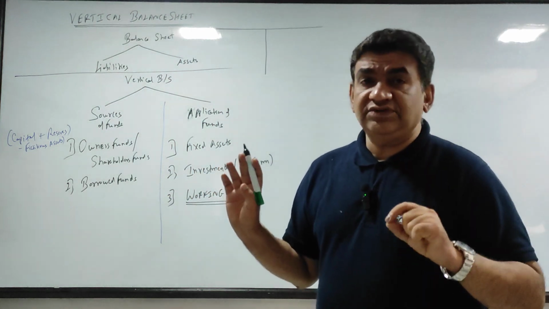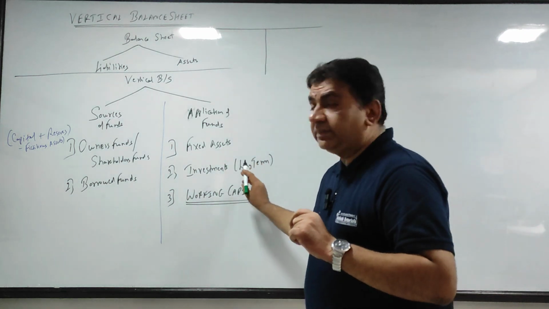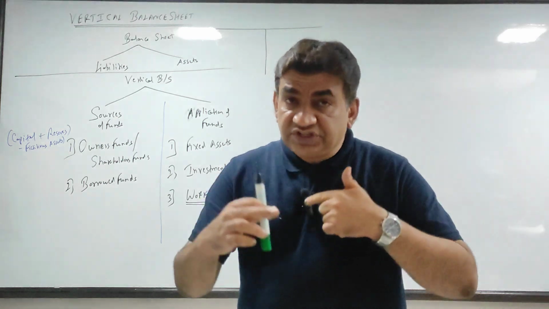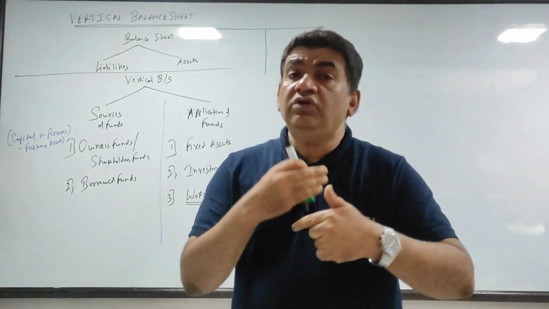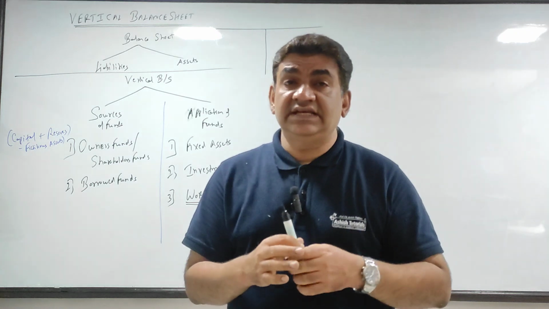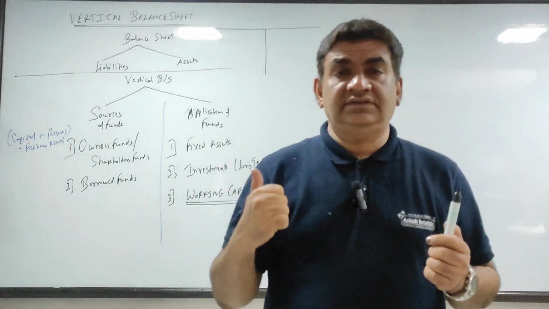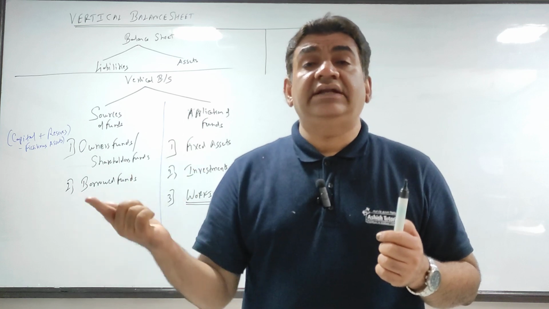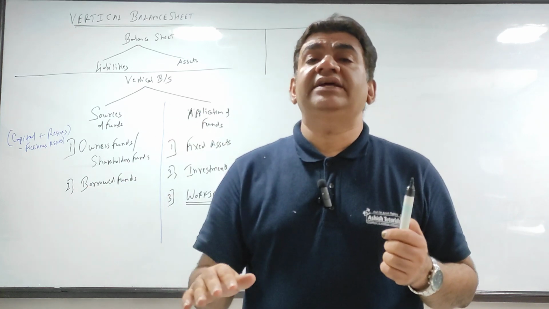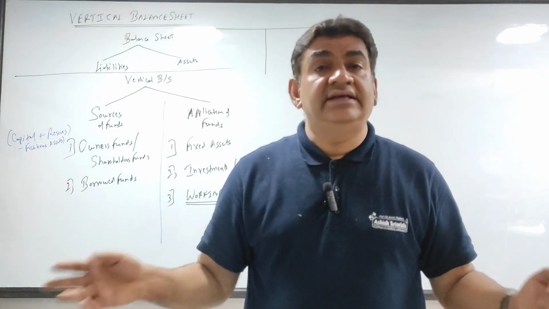You all have done current assets, current liability in FYJC. Current assets are those assets, the amount of which changes on a regular basis, which doesn't remain fixed. Example: cash, bank balance, debtors, stock, bills receivable, prepaid expenses, all these are your current assets.